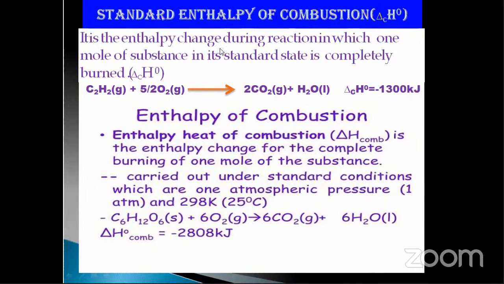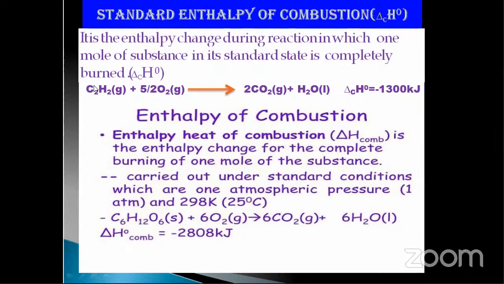It is the enthalpy change, means the definition for it: the enthalpy change during the reaction when 1 mole of the substance in its standard state is completely burned. Okay. So when C2H2 in gaseous state reacts with oxygen gas, for balancing we have taken here 5/2 O2, to give 2 CO2 gas plus H2O.